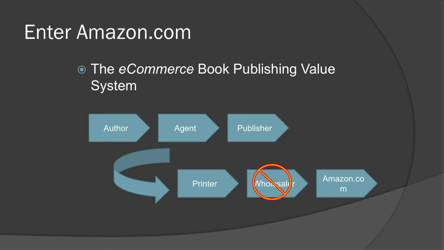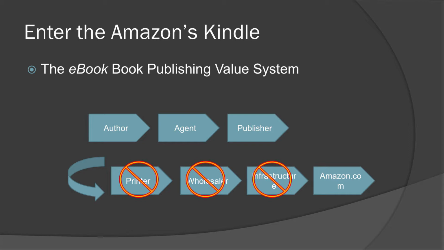They also offered low costs, right? But they did capture some of that profitability. Well, then Amazon comes out with the Kindle. And look what happens to the value system. Not only did we get rid of the wholesaler, but now we don't really need a printer, and we don't even need any infrastructure stocking these books at all. We just need servers.